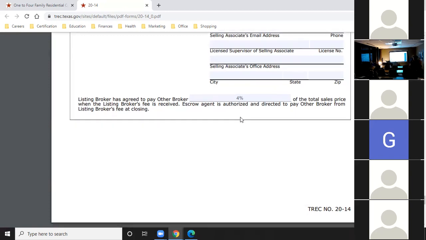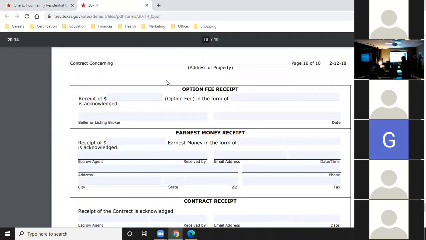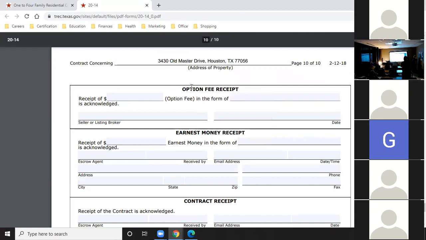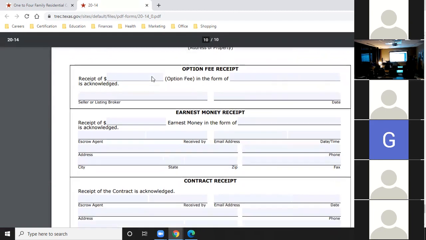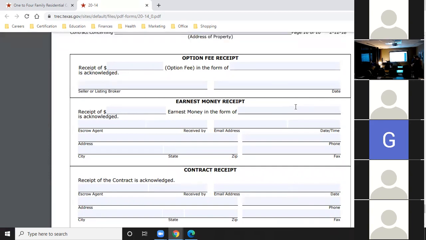Scroll on down. Now, do we need to fill any of this out? Is there anything in there about options? Yes, the option fee and the earnest money. And did it say what type of form it is? It did not.